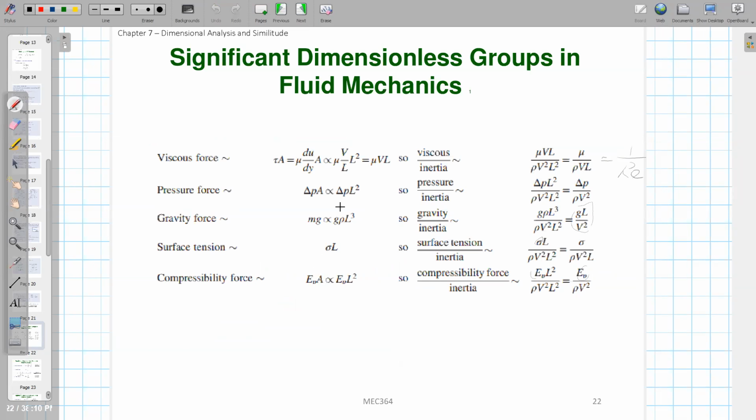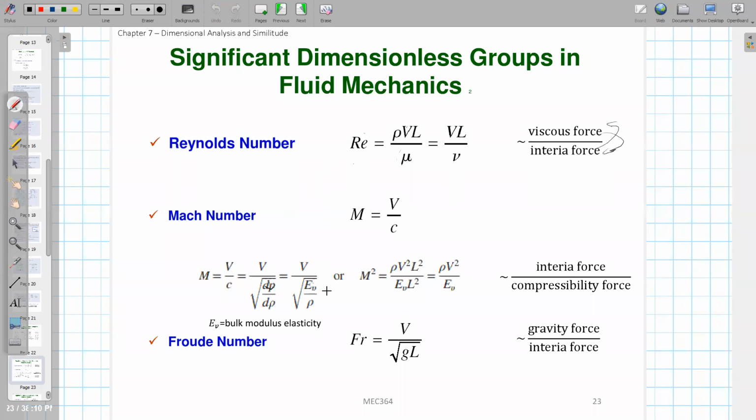It shows the compressibility force, because it shows that the force is due to the change of the density. And so if you do this manipulation, you can rewrite your Mach number in this form. On the top, rho v squared, so this is the inertial force. On the bottom, it's the compressibility force.